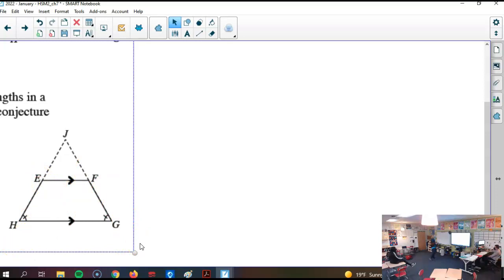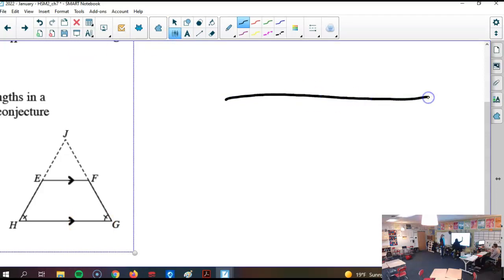Okay, that's what we're trying to prove. Because if it is an isosceles trapezoid, then these 2 sides should be congruent. Obviously, EF and HG will not be. Otherwise, this would be like a parallelogram. Otherwise, it would be a square. Or a rectangle. Wait, but then it wouldn't make the tip, so that'd be something weird.